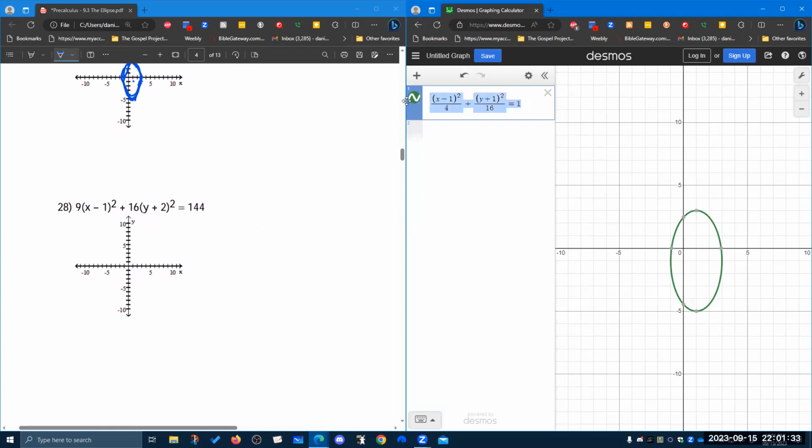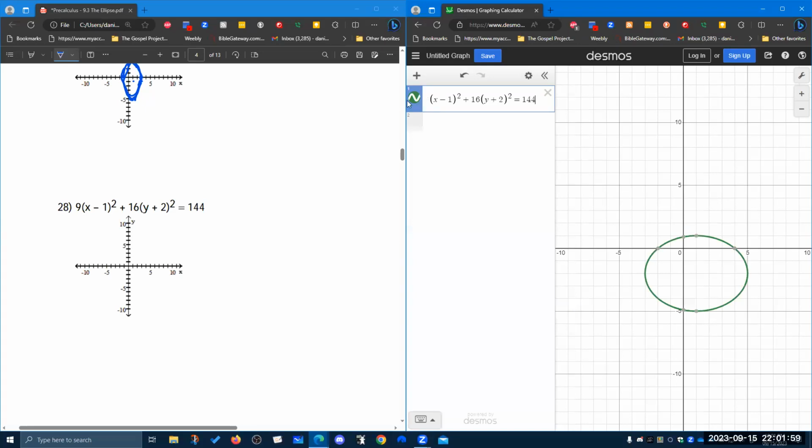Now, if I make this one 9 times quantity x minus 1 squared plus 16 times y plus 2 quantity squared is equal to 144.